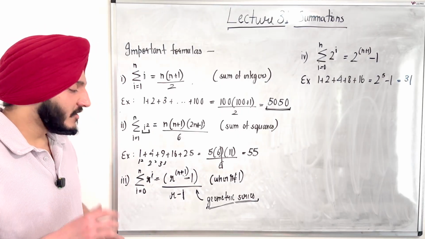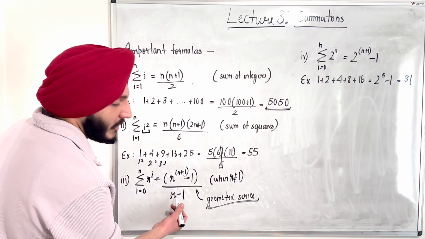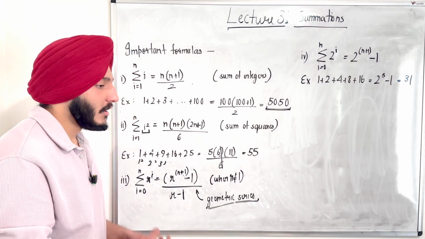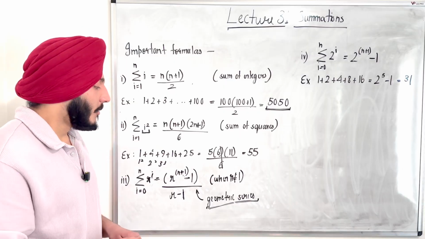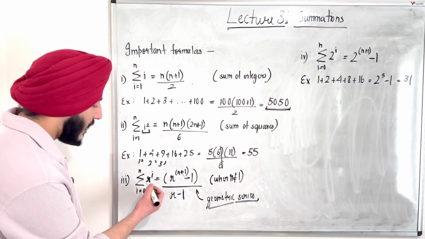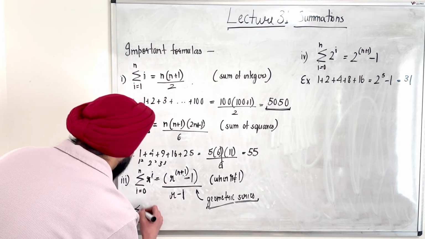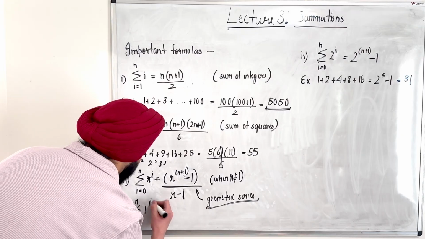Okay, so the reason is pretty simple. If r is 1, then I would have 1 minus 1 in the denominator, right? Which is incorrect. But another thing to notice is, if r is 1, then I would have something like the summation from i equals 0 of 1 to the power of i.